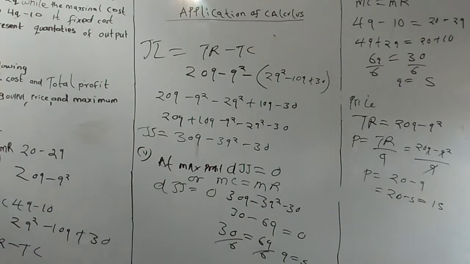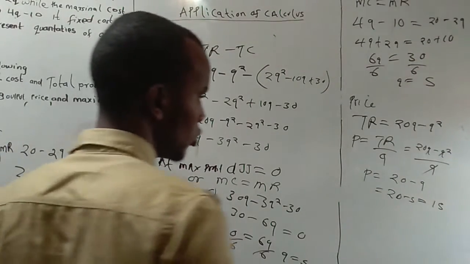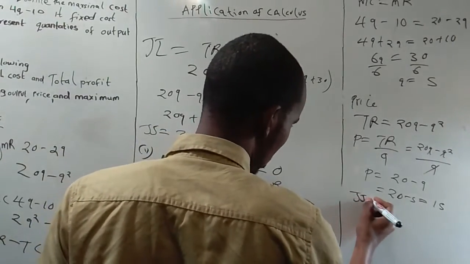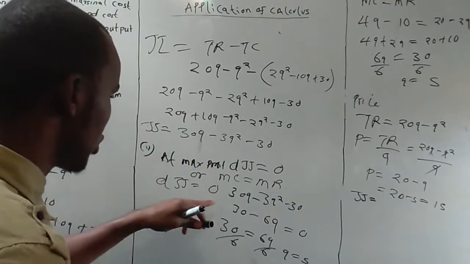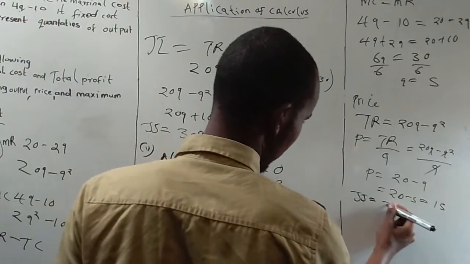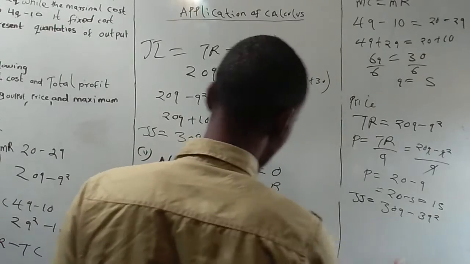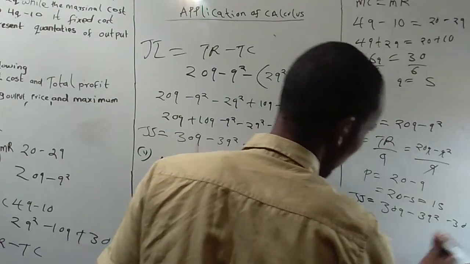We are also asked for the maximum profit. We know q is 5. And remember, our profit function was 30q minus 3q squared minus 30. But we know q is 5.